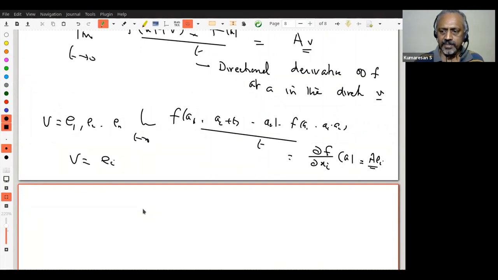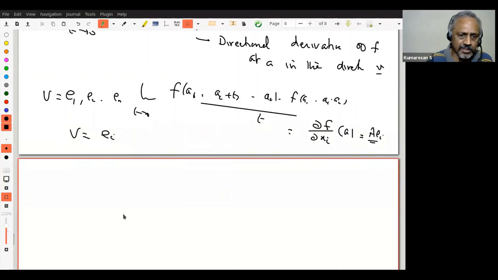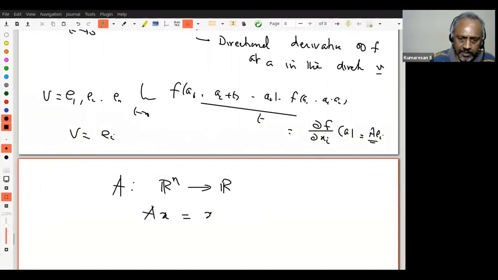Now there is a dividend, a very heartwarming dividend. Notice that A is a linear map, right? It's a linear map from Rn to R, right? Therefore, we know any linear map A is of the form Ax equals x dot alpha for a unique vector alpha in Rn.